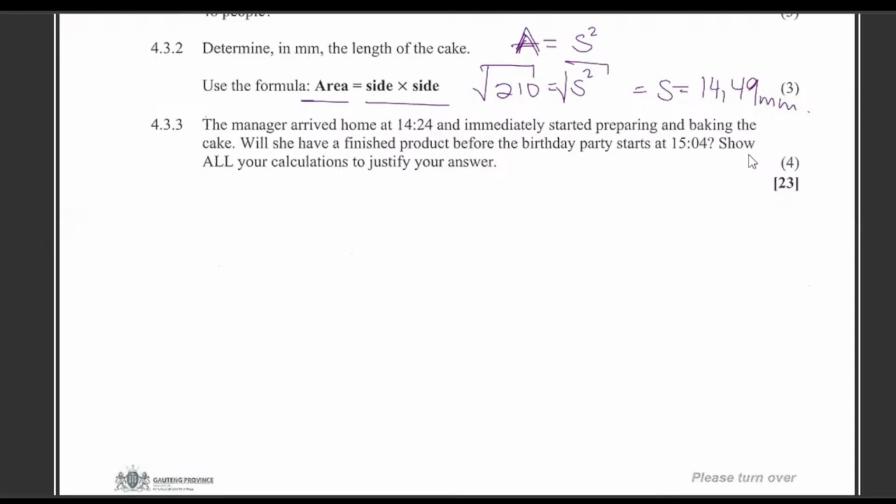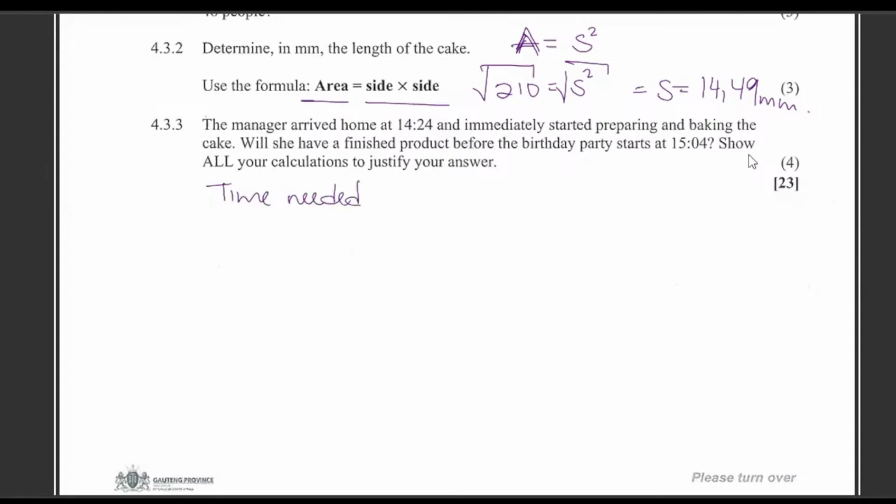The manager arrived at home at 14:24 and immediately started preparing and baking the cake. Will she have finished the product before the birthday party starts at 15:04? Show all your calculation. Number one, you have to know how much time is needed.